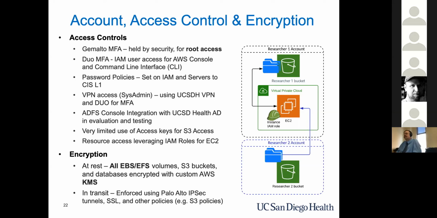But we'll be transitioning that over to leveraging AD, because then our user access team here in information services could receive the ticket and place them in the right AD group, rather than having to learn AWS and how to do it in there.